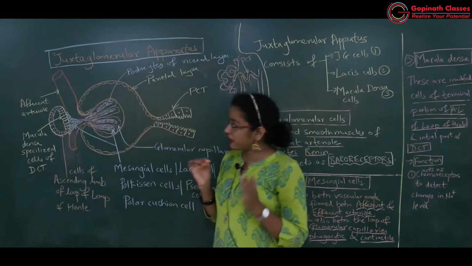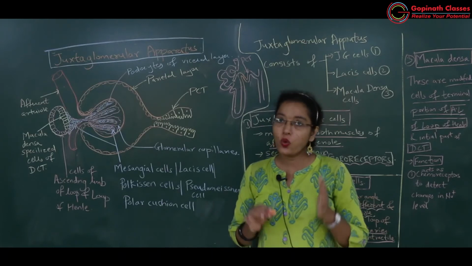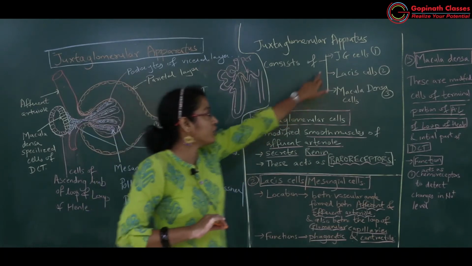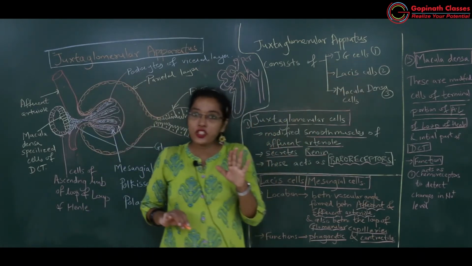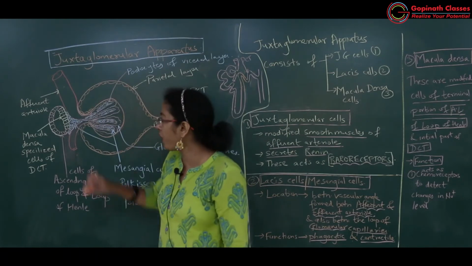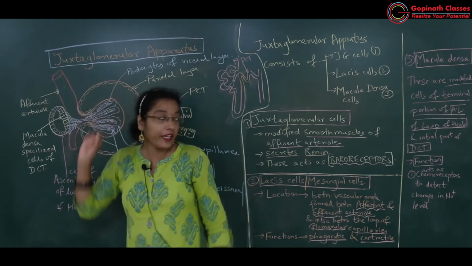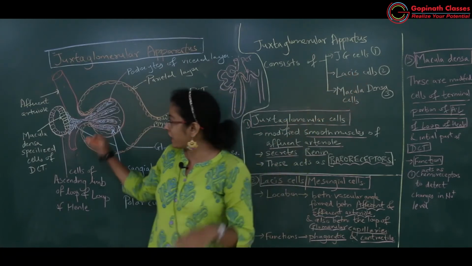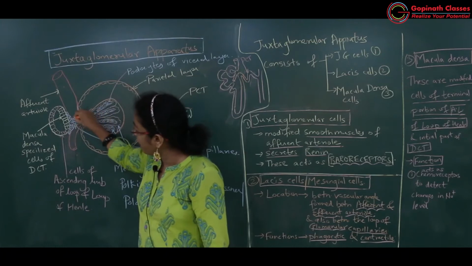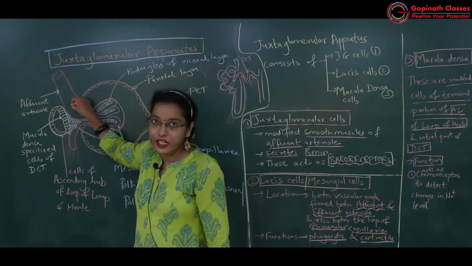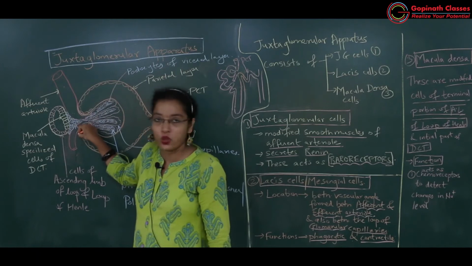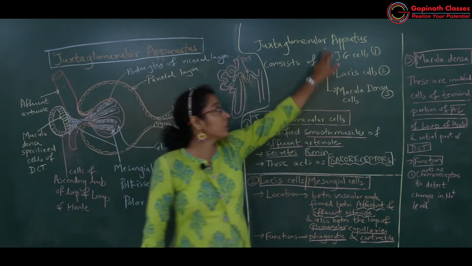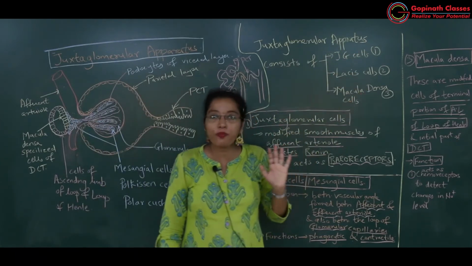Let's revise it fast. What is the juxtaglomerular apparatus? It consists of JG cells. What are JG cells? Juxtaglomerular cells of the afferent arteriole. Then Lacy cells. What are Lacy cells? Lacy cells are the cells present between the angle of the afferent arteriole and efferent arteriole. Then the macula densa. The juxtaglomerular apparatus also consists of the macula densa.